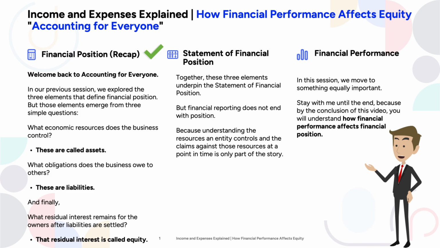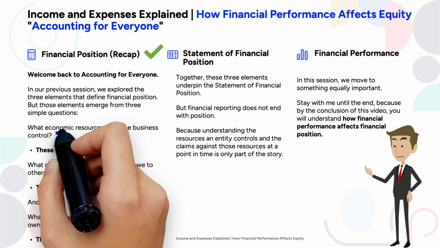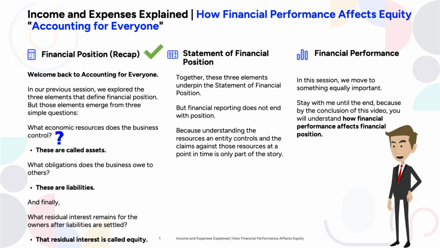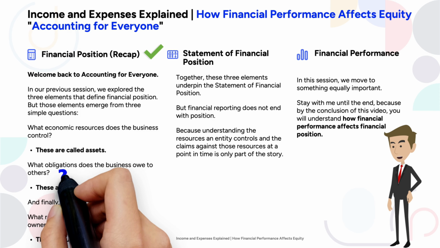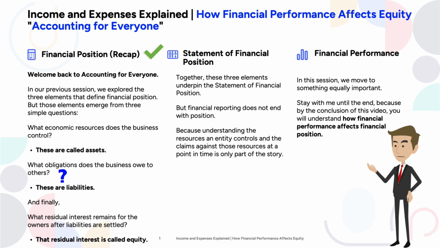In our previous session, we explored the three elements that define financial position. But those elements emerge from three simple questions. What economic resources does the business control? These are called assets. What obligations does the business owe to others?